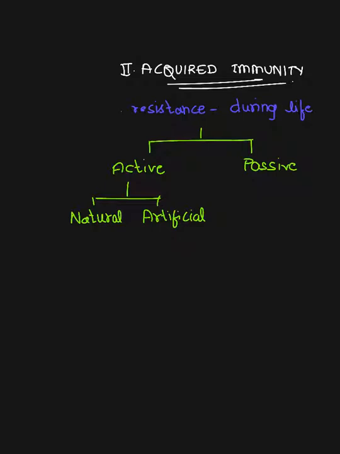This acquired immunity has two important aspects: it develops after a small latency period, but it is very long lasting. Coming to the mechanism of this active type of immunity, as I have already told, it stimulates both the humoral as well as the cell mediated immunity.